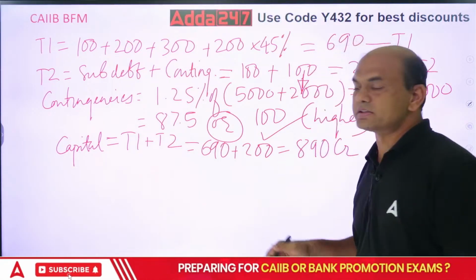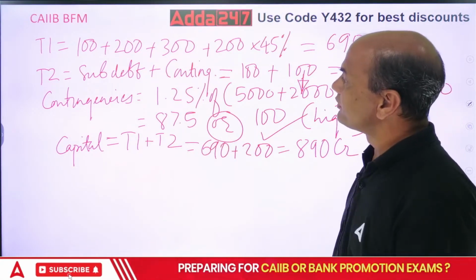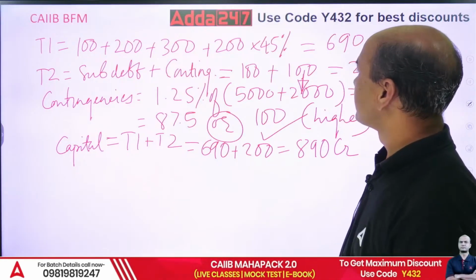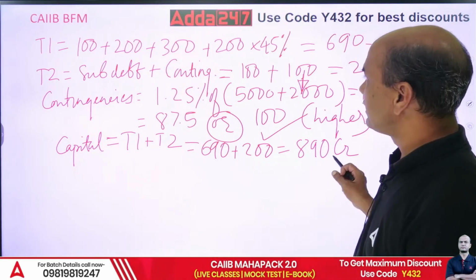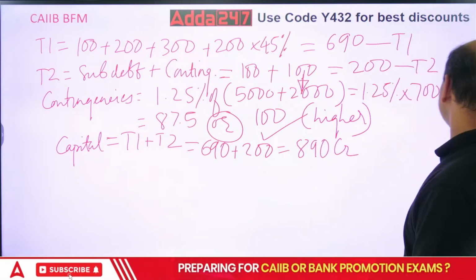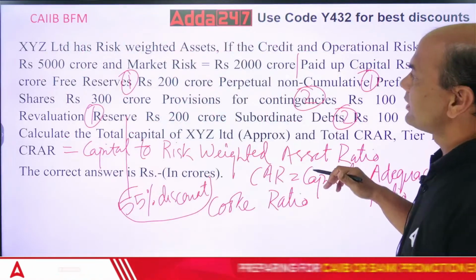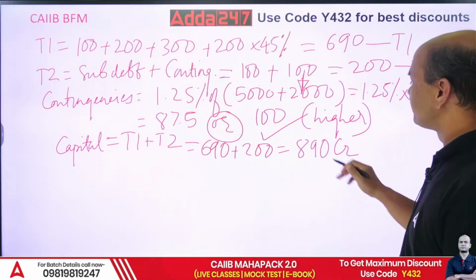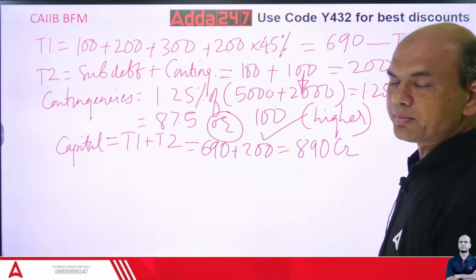Now what is this? This is my capital, right? So 890 CR is my capital.